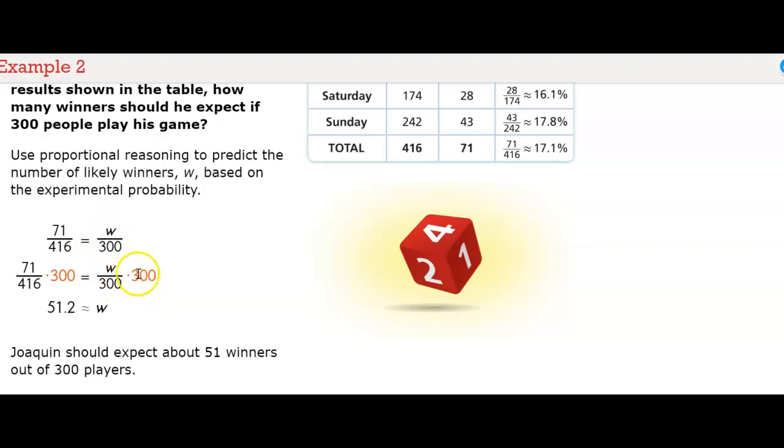We multiply 300 on both sides of the equation. The 300s cancel out on this side, and you're left with W. On this side, we multiply 300 times 71 divided by 416, which is approximately 51 2/10. So he could expect about 51 winners out of the 300 possible players.